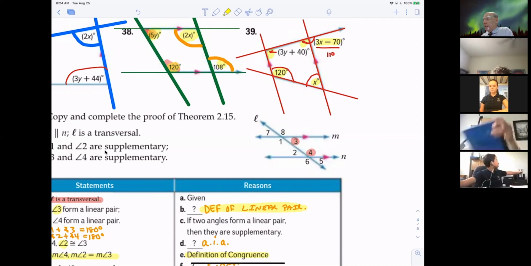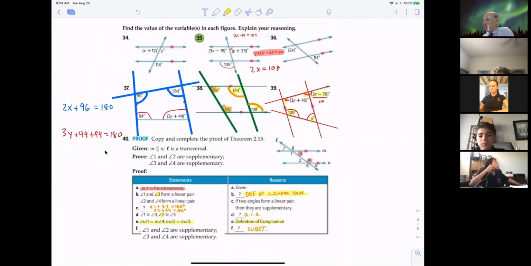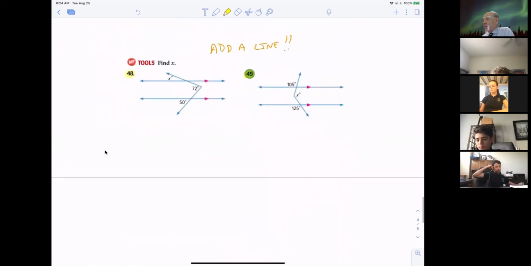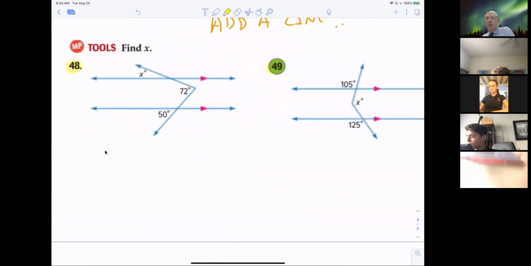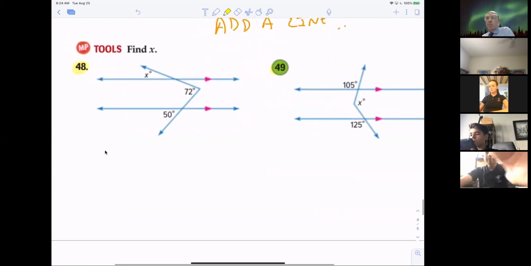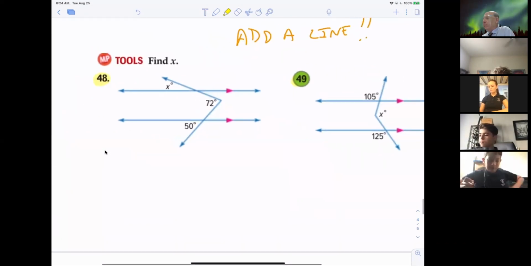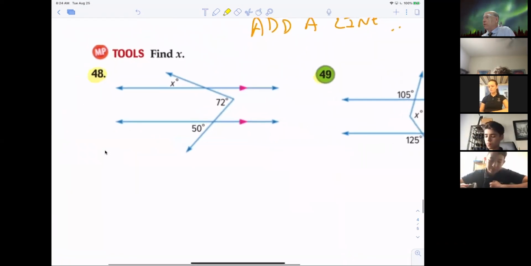Okay, now let's take a look at this down here. These were kind of interesting, I felt like. Anybody want to give some thoughts on 48? What's a good way to do that? And of course, if we can do 48, we can do 49. Tell me.